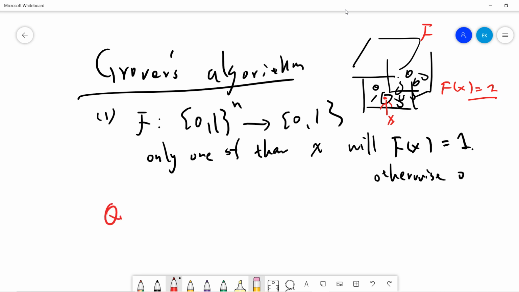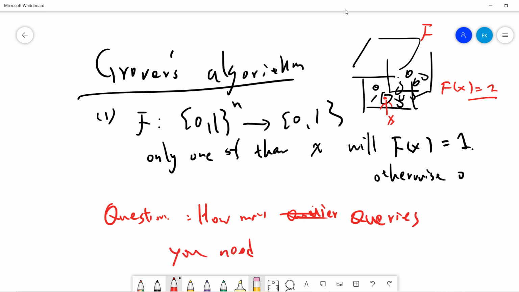And so the question is: how many queries do you need to find x?